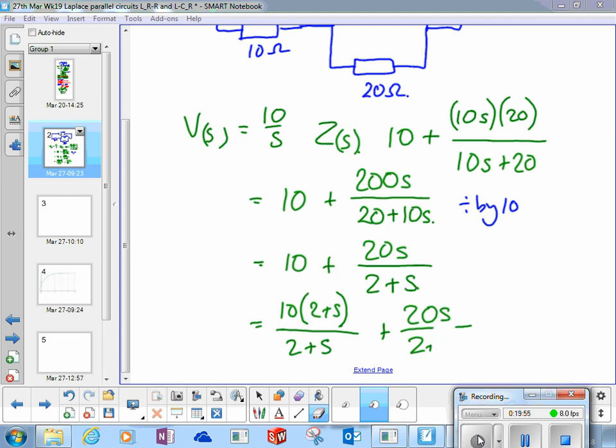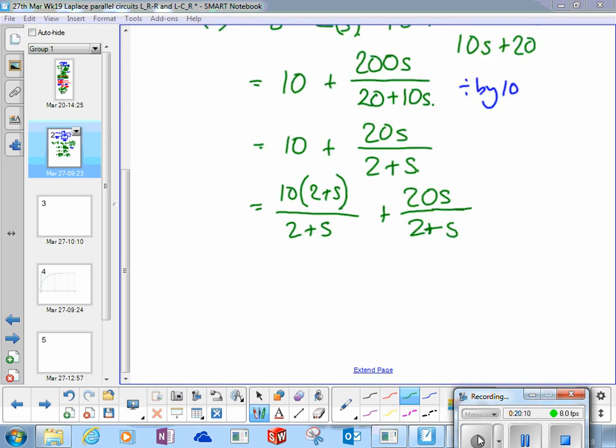That will allow us to write that over one common denominator and join these top bits together.